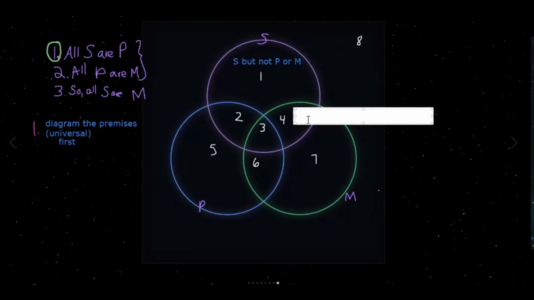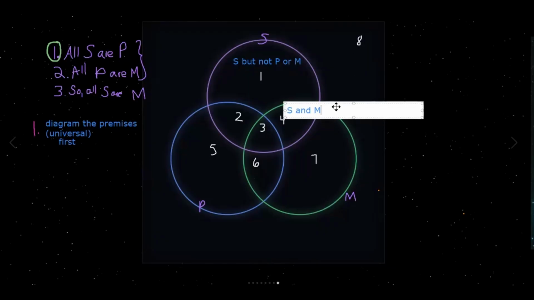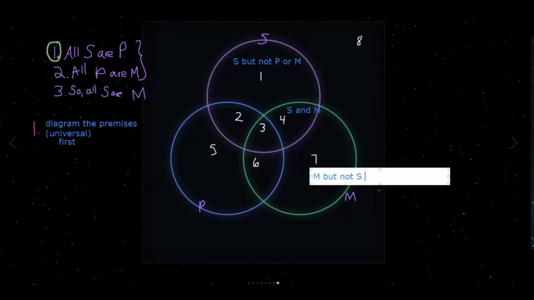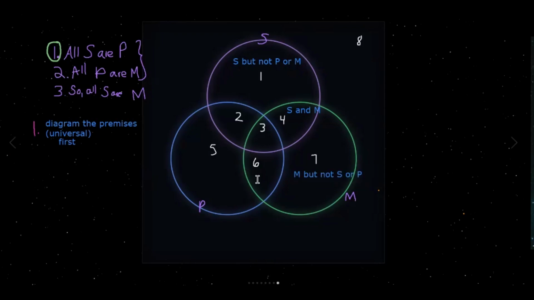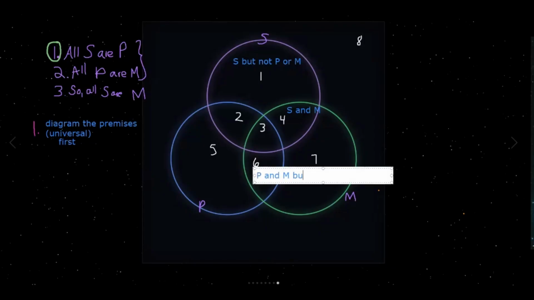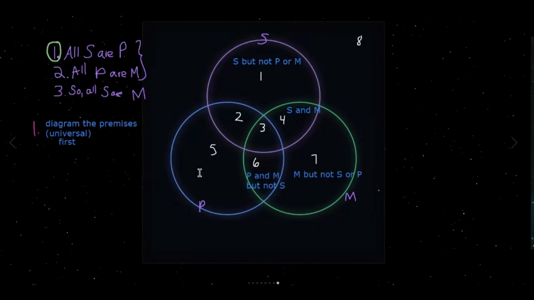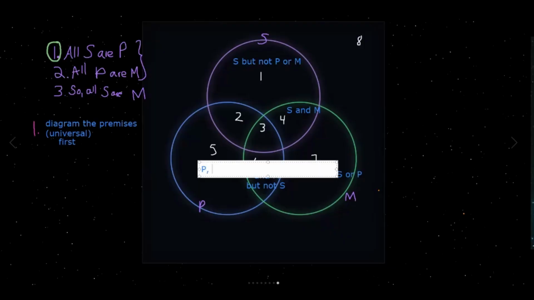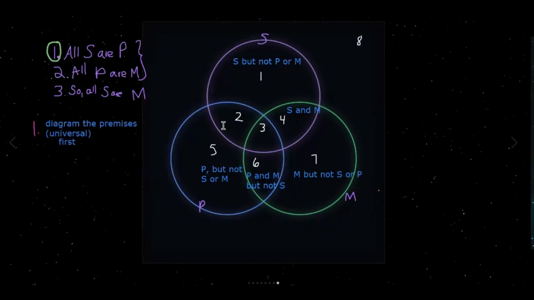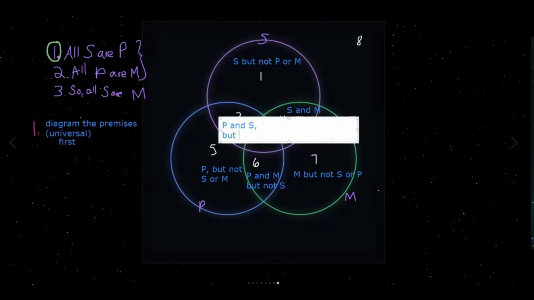Region 4 represents S and M. Region 7 represents M, but not S or P. Region 6 represents P and M, but not S. Region 5 represents P, but not S or M. Region 2 represents P and S, but not M.